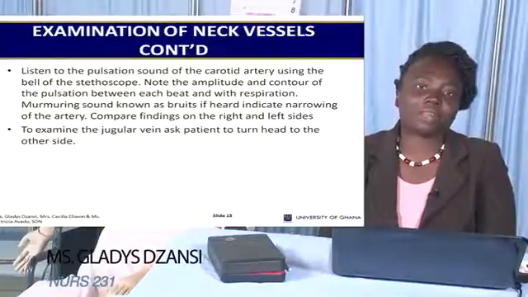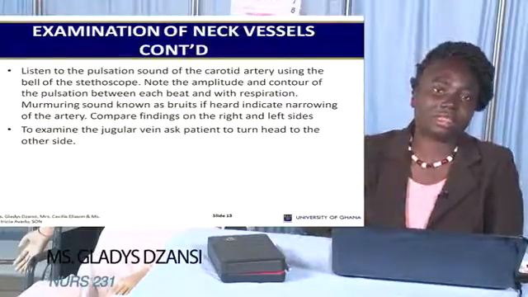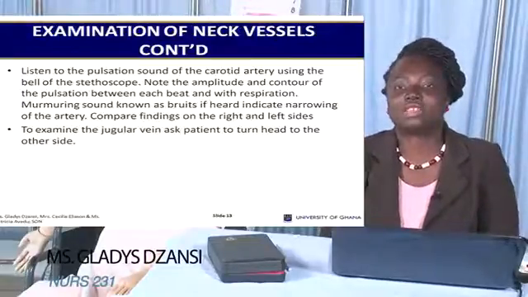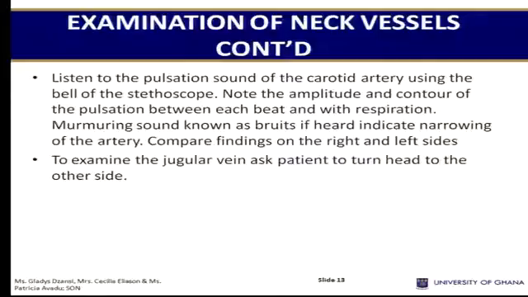After you have palpated the carotid artery, use your stethoscope and listen to the sounds of the carotid artery. Use the bell of the stethoscope so that you can listen properly.